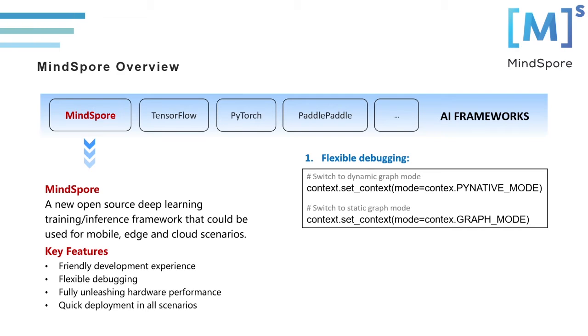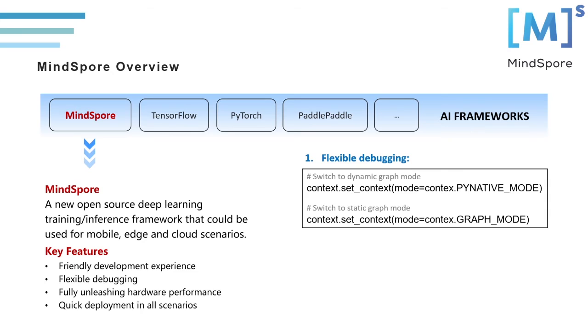Firstly, flexible debugging. As we all know, static graphs perform better at execution performance, and the dynamic graph is better at debugging. For MindSpore, it only requires a line of code to change between a static graph and a dynamic graph. So users can freely choose the graph mode based on their requirements.